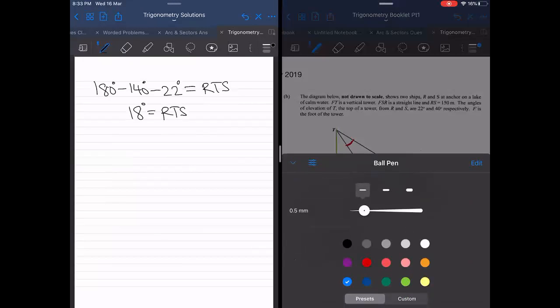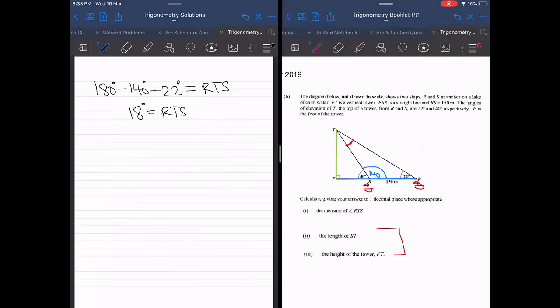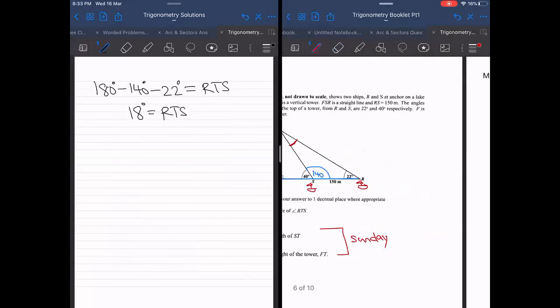All right, these 2 parts we're going to have to do on Sunday, because you would have to learn about the sine rule. So I'll teach you that. That's what we're going to do on Sunday, which is the new part. Let me see the next question.